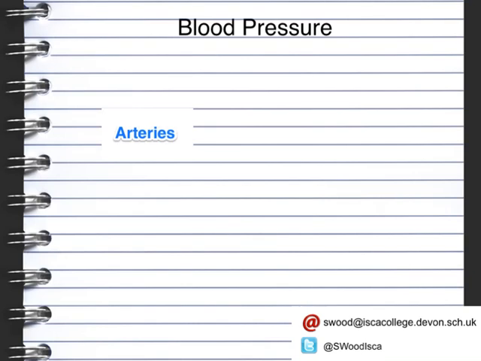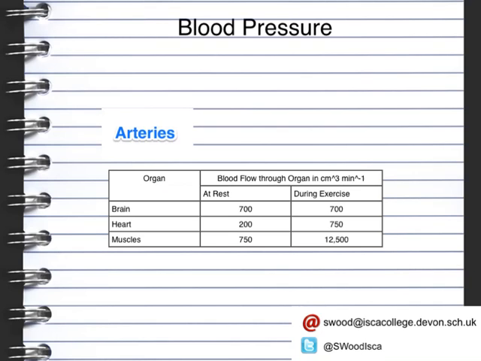Now if we look at this data here, you can see the different organs within the body: the brain, the heart and the muscles, and we're looking at the blood flow in centimetre cubed per minute. You can see that at rest the brain has 700 centimetre cubed per minute, and that doesn't change even when we do exercise, so it remains constant.